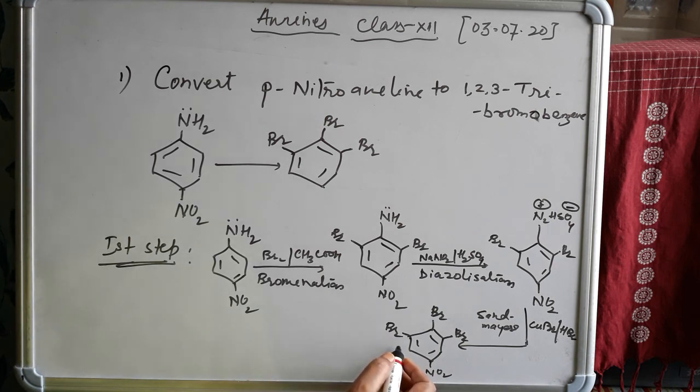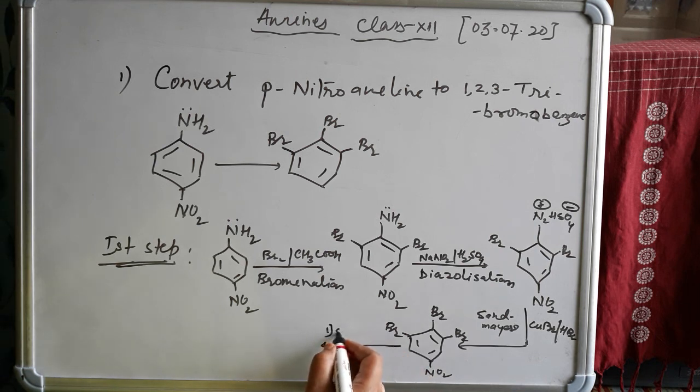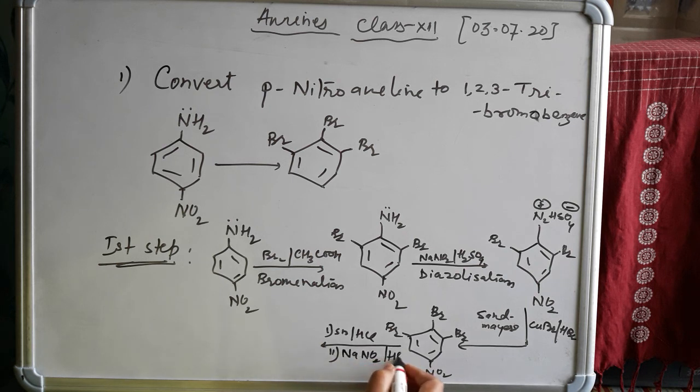So students, see here, reduction of this group, we know that reduction takes place in presence of Sn/HCl. We have already read in the previous video that after reduction we get amine, aniline, the NH2 group here. This NH2 group is treated with NaNO2 in HCl, and the temperature must be 273 to 278 Kelvin.